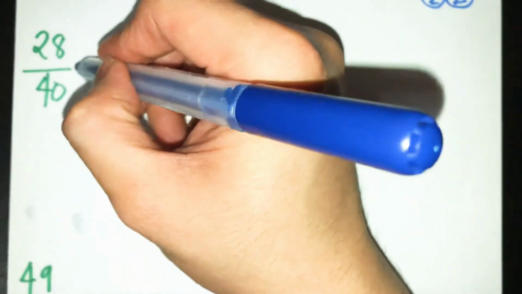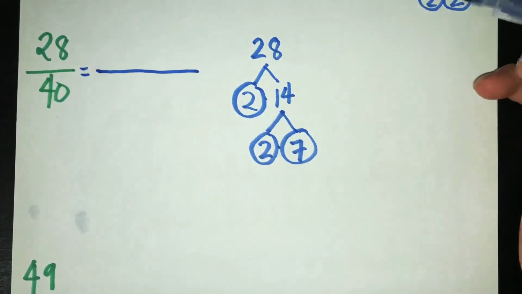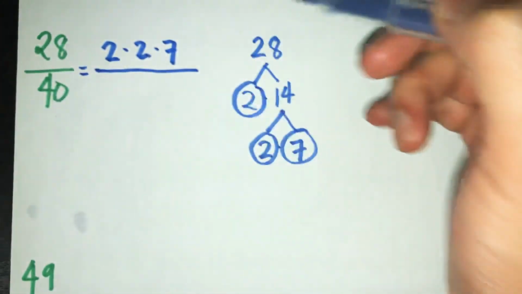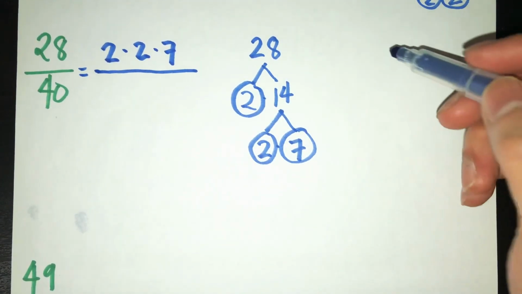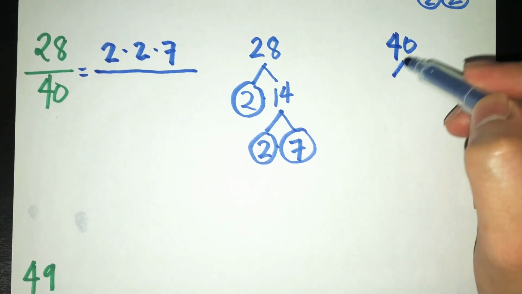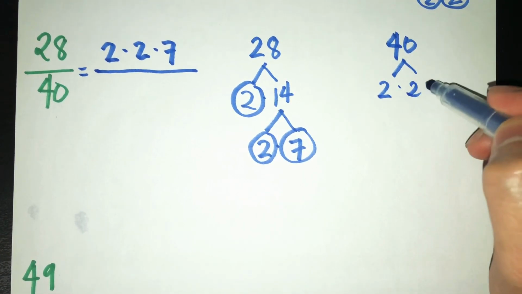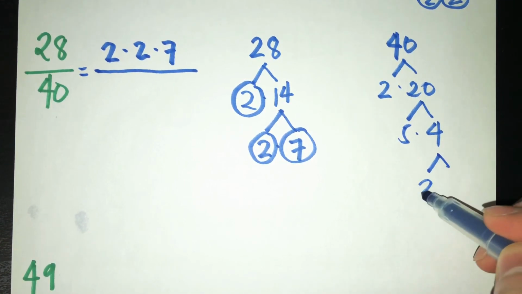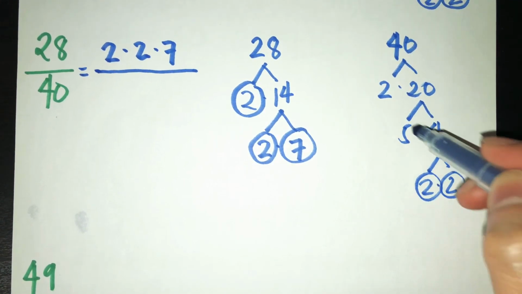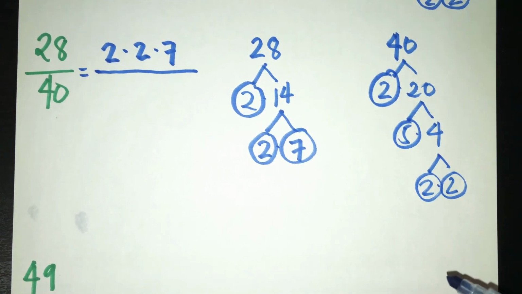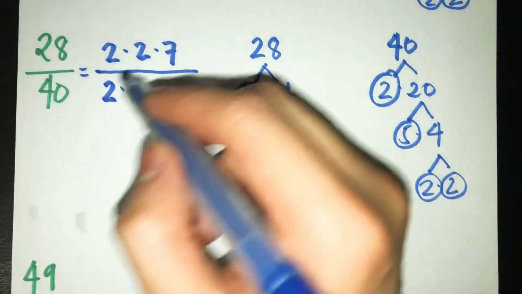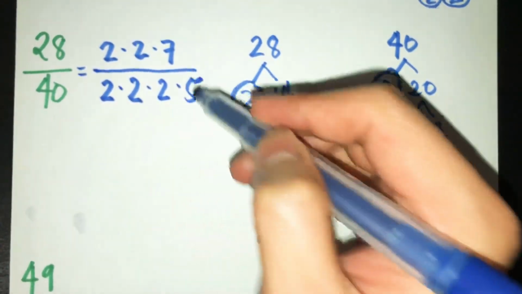So this is equal to 2 times 2 times 7. Then for 40, we have 2 times 20, 5 times 4, then 2 times 2. So we have 2 times 2 times 2 times 5.